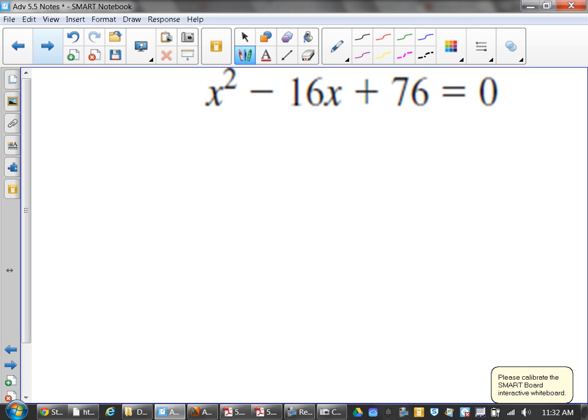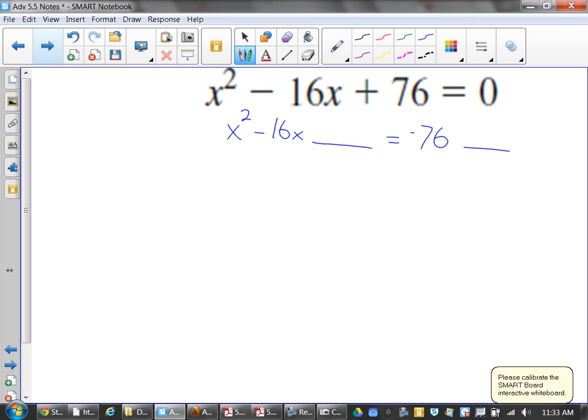So the first 3 steps are extremely straightforward. Move C, okay? How do I move a positive 76? Subtract it. So I have x squared minus 16x blank equals negative 76 blank.